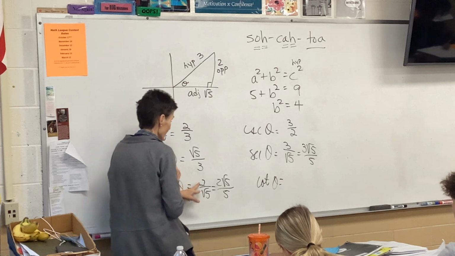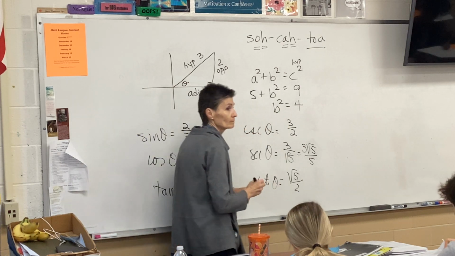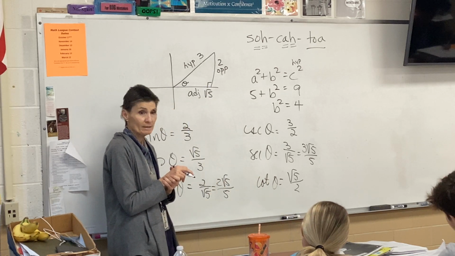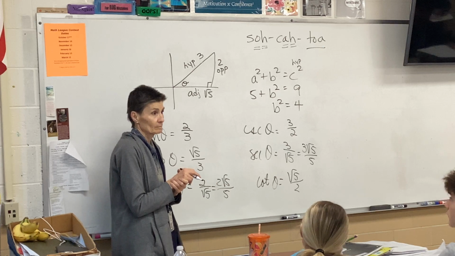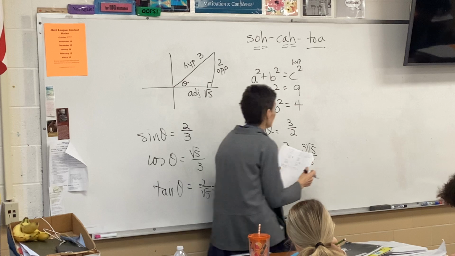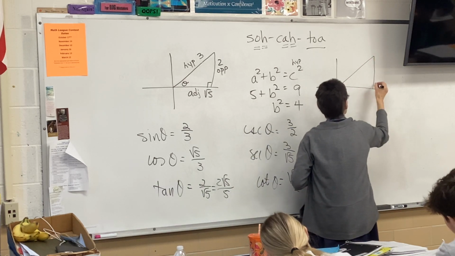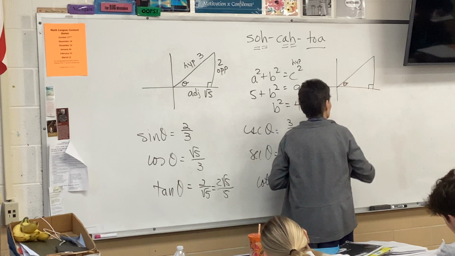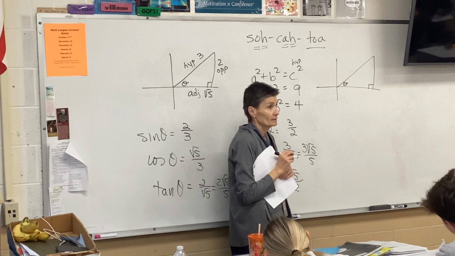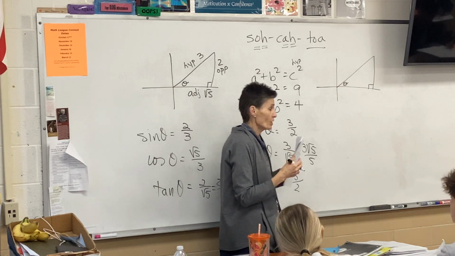And then my cotangent is root 5 over 2. Easy peasy. All right, one more. Just like that. So I'm going to draw my picture. Make sure you're drawing a picture that looks just like that. It's going to be critical during this chapter.